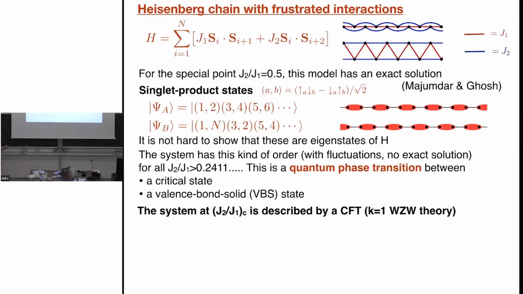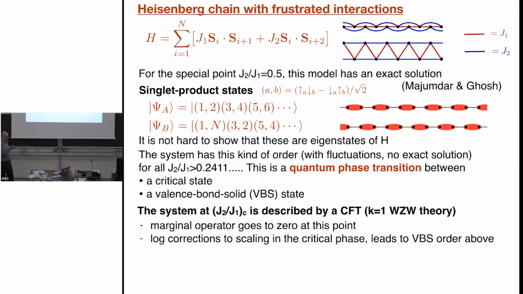And exactly where the dimerization happens, which has been determined numerically, and I will show you how in a moment, at this point 0.2411, this system has a clean CFT description, and the CFT is in fact the K equals 1 Wess-Zumino-Witten theory, which all of you probably know more about than I do.